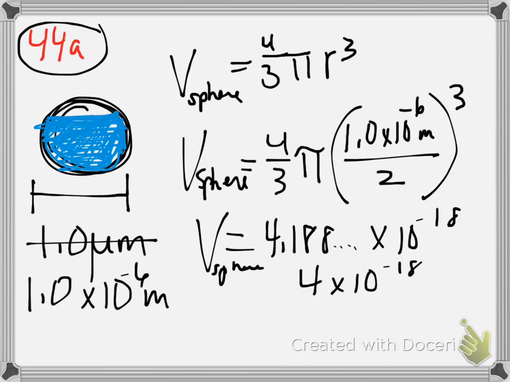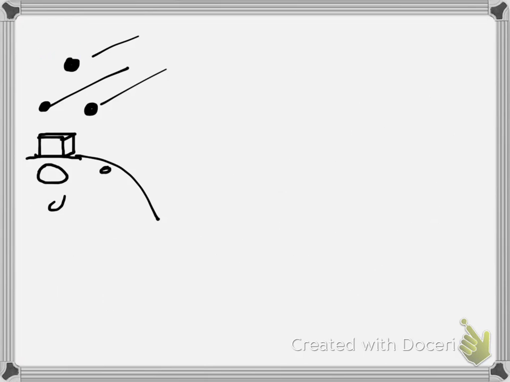Now, to fill this box that's sitting on the moon with micrometeors, we have the diameter of the micrometeors. It is 1 times 10 to the negative 6th meters.